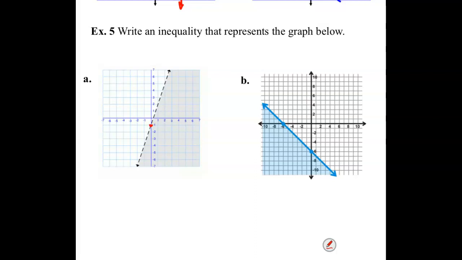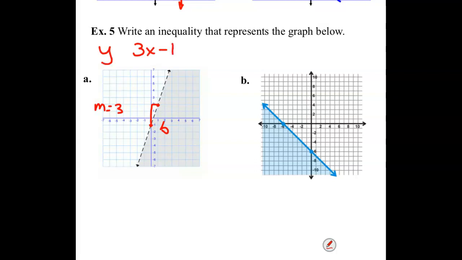Intercept is -1. That'll be the b part of my mx plus b. What's my slope? Looks like we're rising 3, running 1. So slope is 3. So if I were just writing an equation for the line, I'd say y equals 3x minus 1.